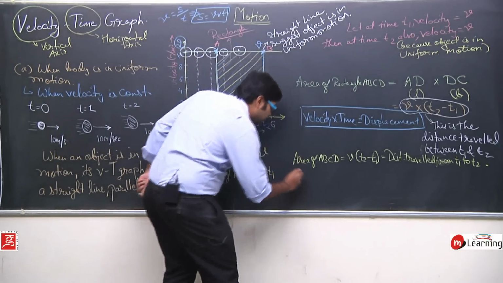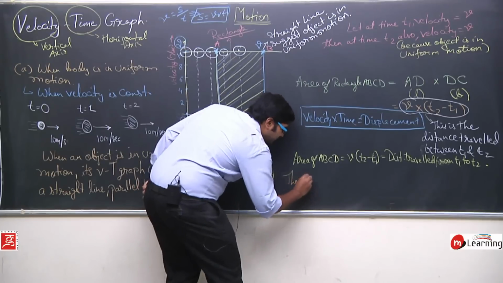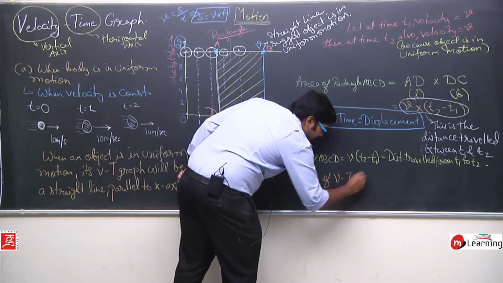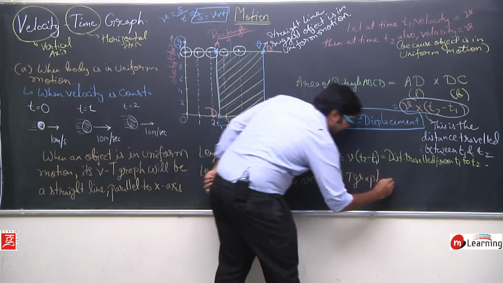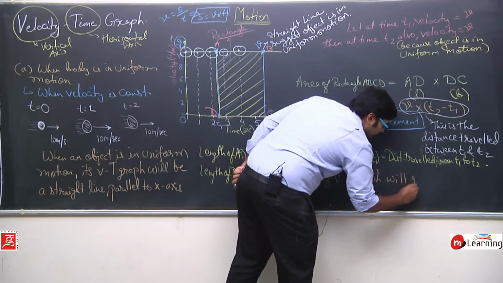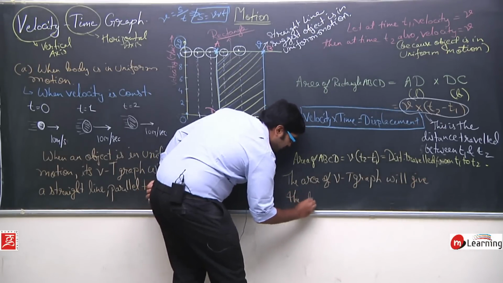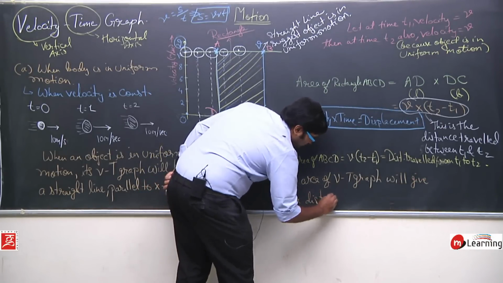Here I will write the conclusion: the area of velocity time graph will give the distance or displacement.